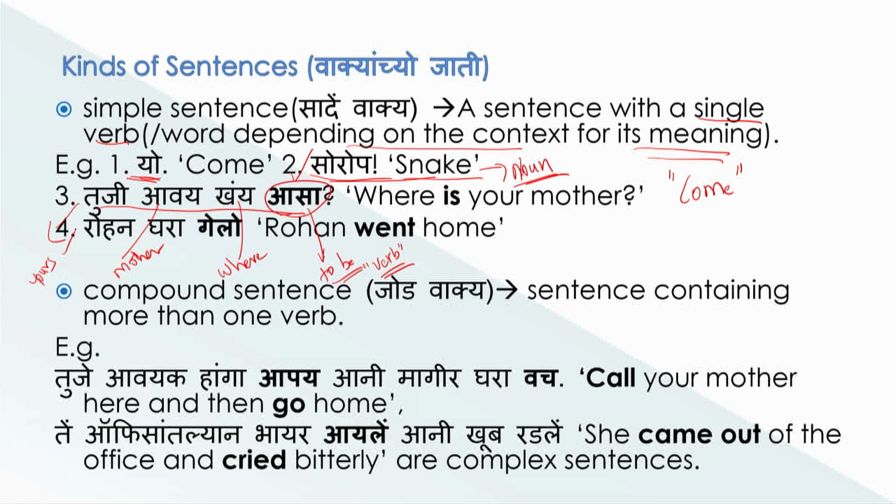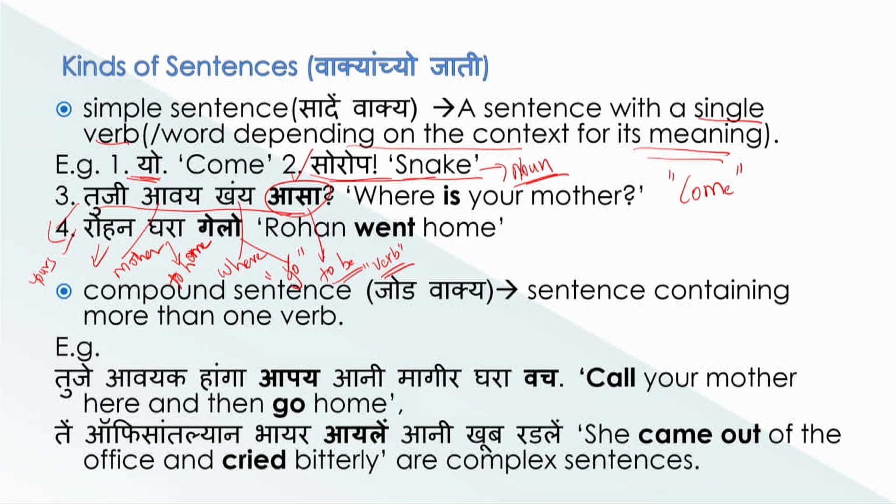Another example is Rohan gara gelo. Rohan is the name of a person. Gara is home or to home. Gelo is the past tense of the verb go. So if I have to say Rohan went home, I will say Rohan gara gelo.